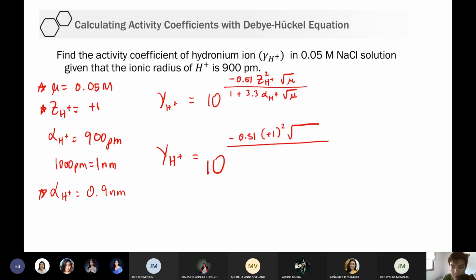Square root of mu, the ionic strength, that is 0.05, divided by 1 plus 3.3 times the radius of your ionic atmosphere, that's 0.9, times the square root of your ionic strength, that's 0.05. Okay, so we can now solve for gamma.